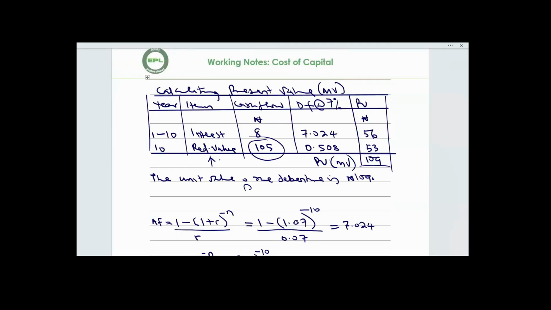Are you redeeming it at par, at premium, or at a discount? In the question, the examiner told you that the debenture will be redeemed at a premium of 5%. Par value is 100 naira. A premium of 5% over 100 naira will give you 105. That's how we arrive at the 105. Do you get it now?